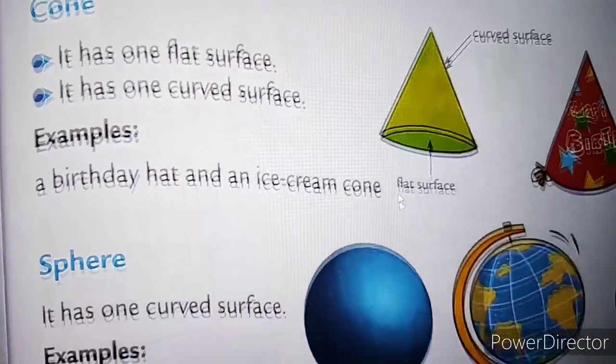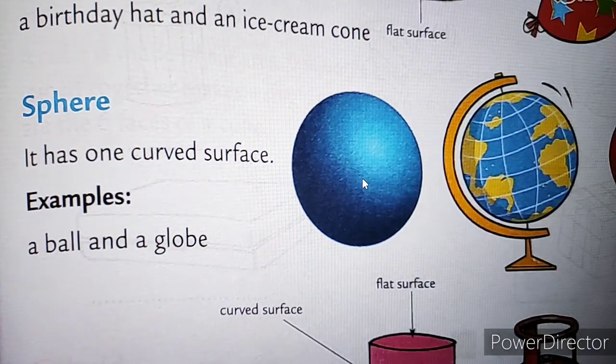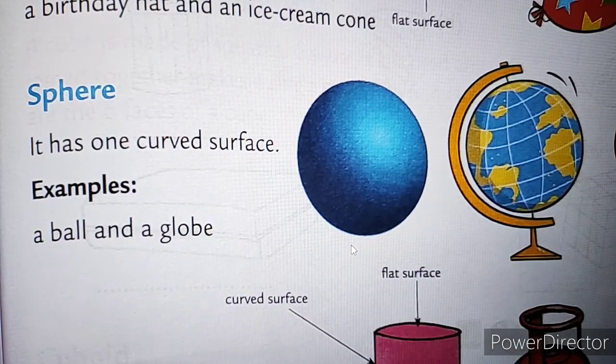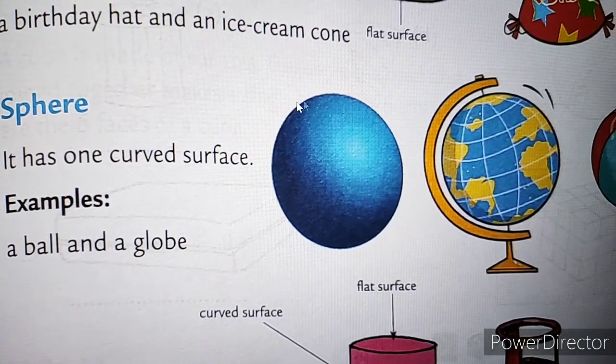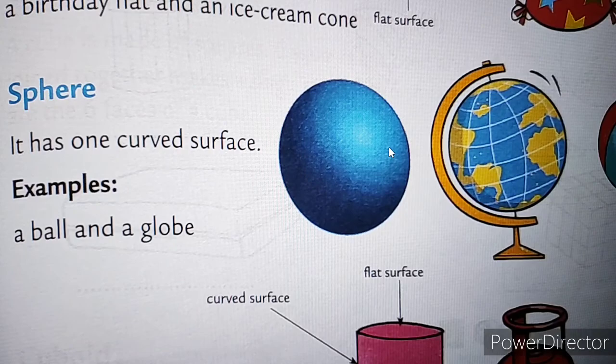Okay, students, next one is a sphere. Sphere means nothing but a ball. It has no edges, no corners. Remember circle? Circle also had no edges, no corners. This ball is the same as that. This ball is made up of only one curved surface.